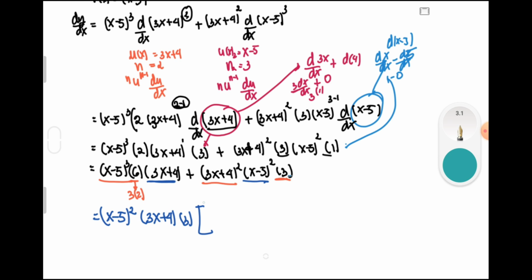(x − 5)^3 multiplied by 6 multiplied by (3x + 4) divided by (x − 5)^2 multiplied by (3x + 4) multiplied by 3 is, we'll have (x − 5)^3 minus (x − 5)^2, which is (x − 5) multiplied by 1, multiplied by 6 divided by 3 is 2.